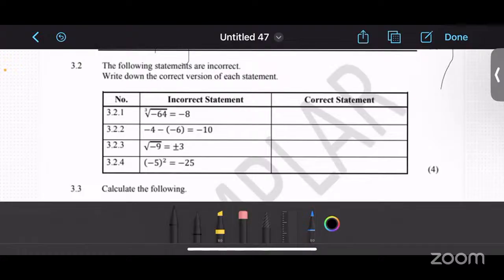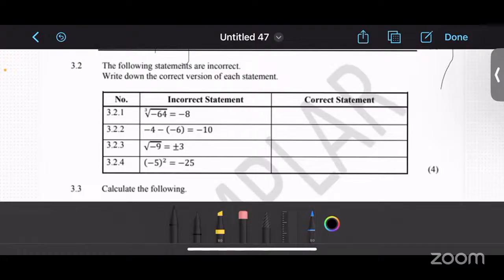Busi, what's the correct version of the cube root of negative 64? Ma'am, the correct statement is cube root of negative 64 equals negative 4, ma'am. Is that true, guys?